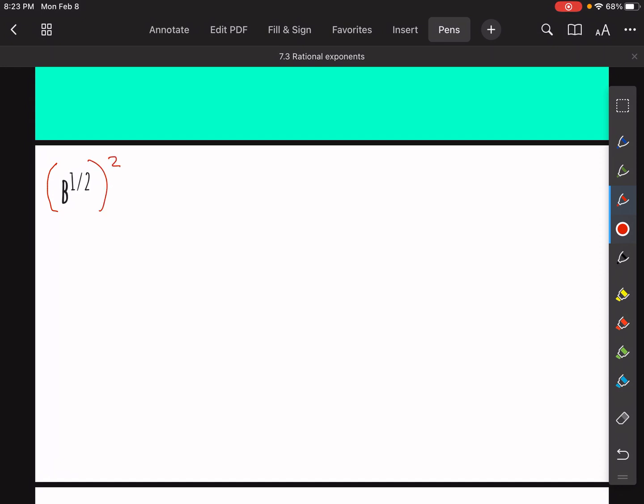Hopefully you remember that when I take a power to a power, I multiply the two exponents. So if I have b to the half squared, 1/2 times 2 over 1 equals 1. So this is the same thing as b to the first power.